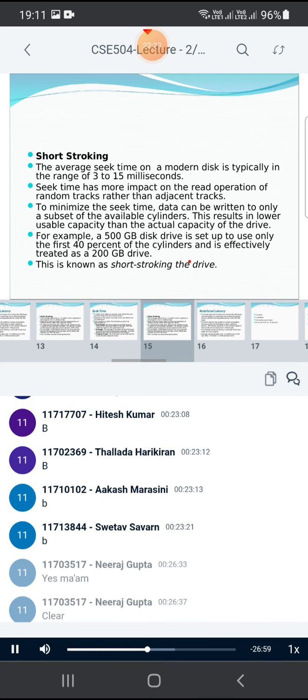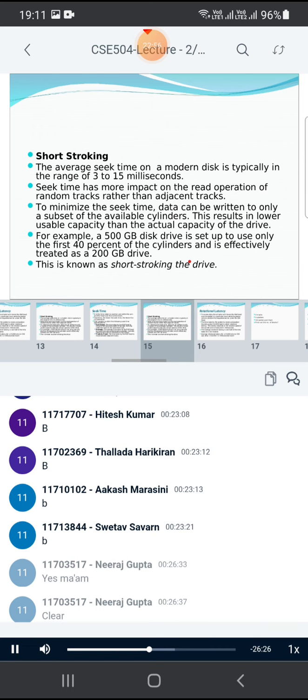And this will help us to reduce the seek time and increase the performance. How will seek time be reduced? Because now the head just needs to move less. If we talk about full stroke, if we use all the 100 tracks, the time taken by the head to move from track number 0 to track number 99 would be more as compared to the time taken by the head to move from track number 0 to track number 39.